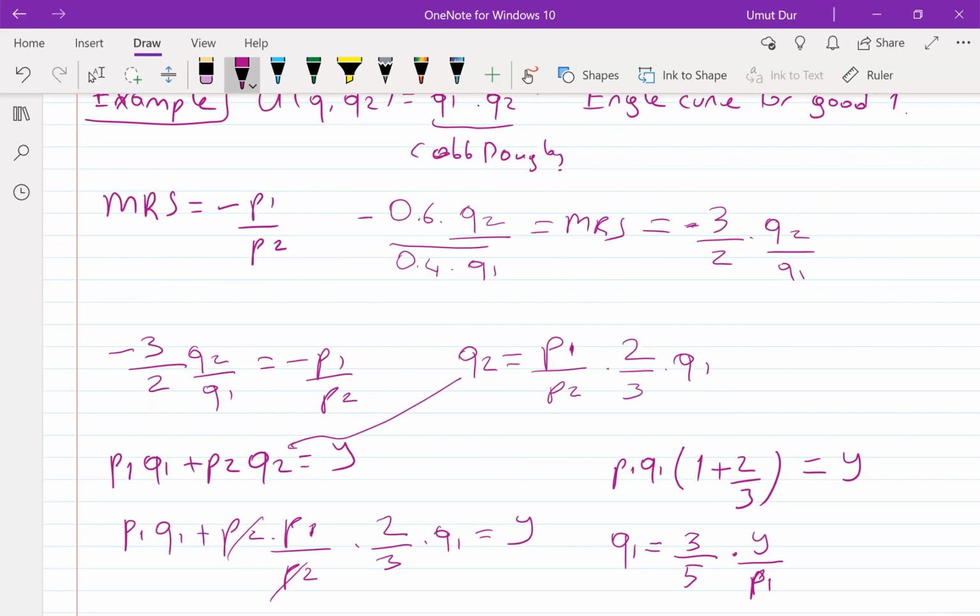This is the equation for the demand function. It is also the equation for the Engel curve.